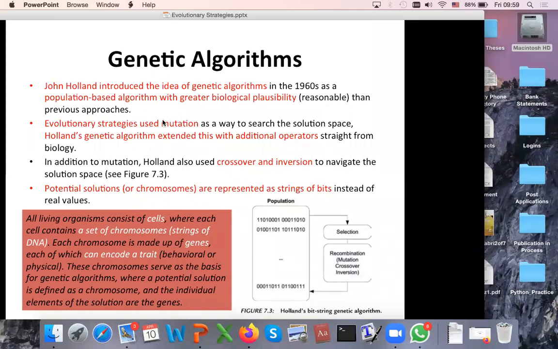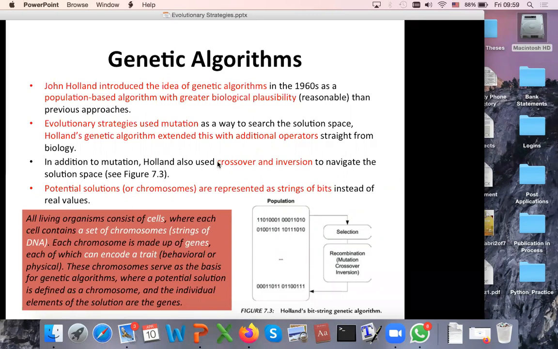But in this theory of genetic algorithm, or you can say in the algorithm of John Holland, he added further operations to the theory of evolutionary strategies, and it gives its name genetic algorithm. So he extended the existing theory with additional operators. And what are those operators?